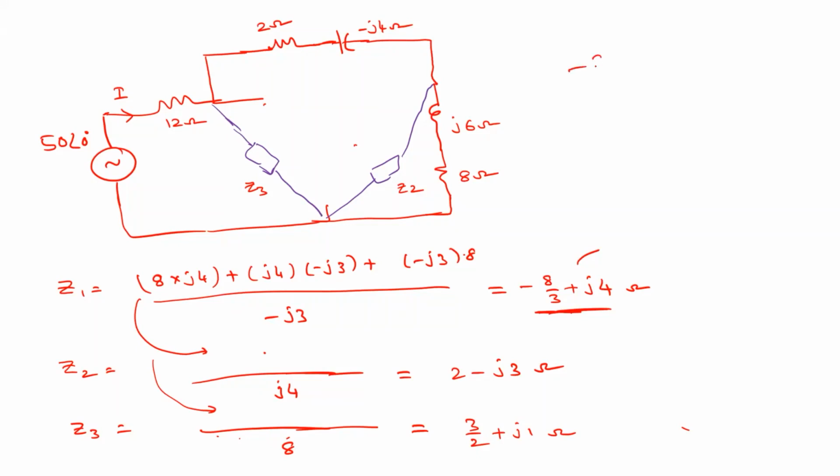You got it, right? 8 by 3 plus j4. So here we need to multiply and divide by plus 8 by 3 j4. You're getting this?